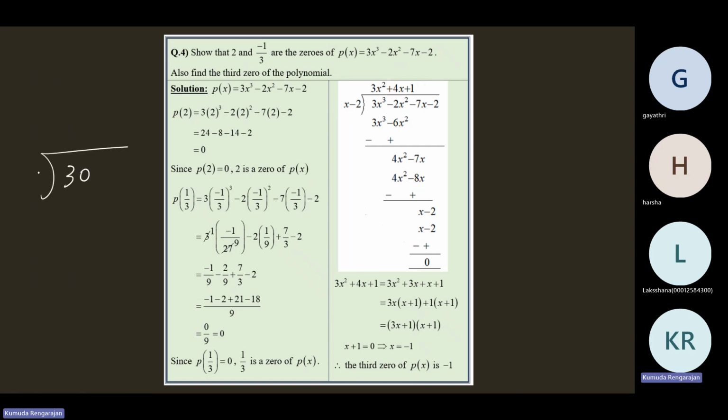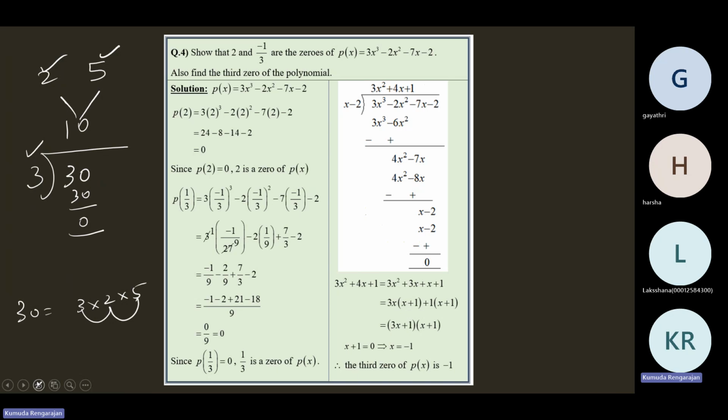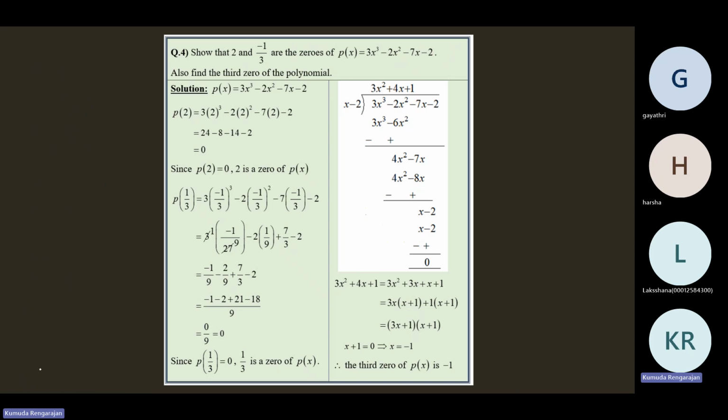When you divide, say, 30 by 3, 3 tens are 30, 0 is the remainder. Now, when you factorize the quotient 10, 2 into 5, you will find all the factors of 30: 3, 2 and 5. 30 is equal to 3 into 2 into 5. In the same way here, what is the quotient? This one is the quotient.